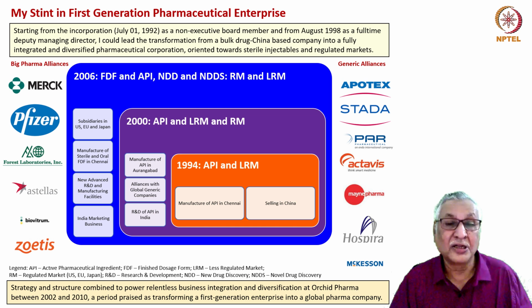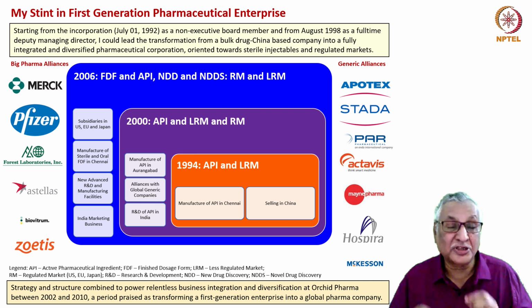It demonstrated that you can do within that product space highly complex and highly technology oriented sterile dosage forms which required highest quality manufacturing facilities. It could generate investments and invest in such facilities both in terms of R&D and manufacturing.